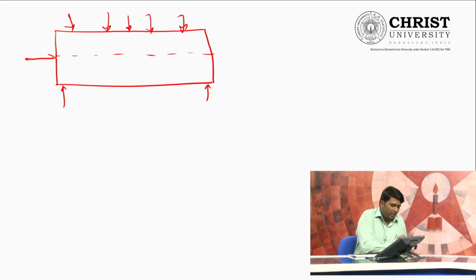Pre-stressing can be done by either pre-tensioning or post-tensioning, and the cable orientation may be linear or curved. Let us consider a case of linear pre-stressing done exactly on the neutral axis. This is the position where I am doing the pre-stressing. Let me consider this as pre-stressing force P e.